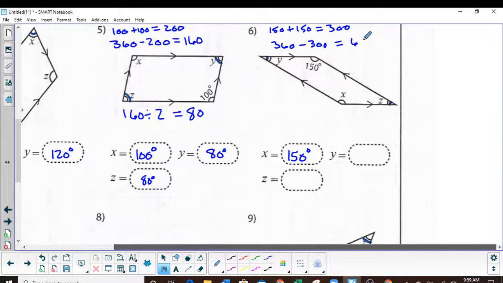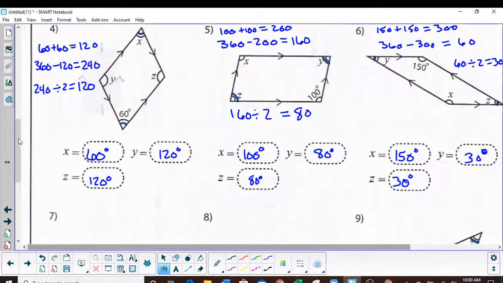Leaves me with 60. If I take that 60 and divide it by the 2 angles that I need, I know each one is 30 degrees. Okay, cool. Got 3 more of these, I believe. All right, number 7.